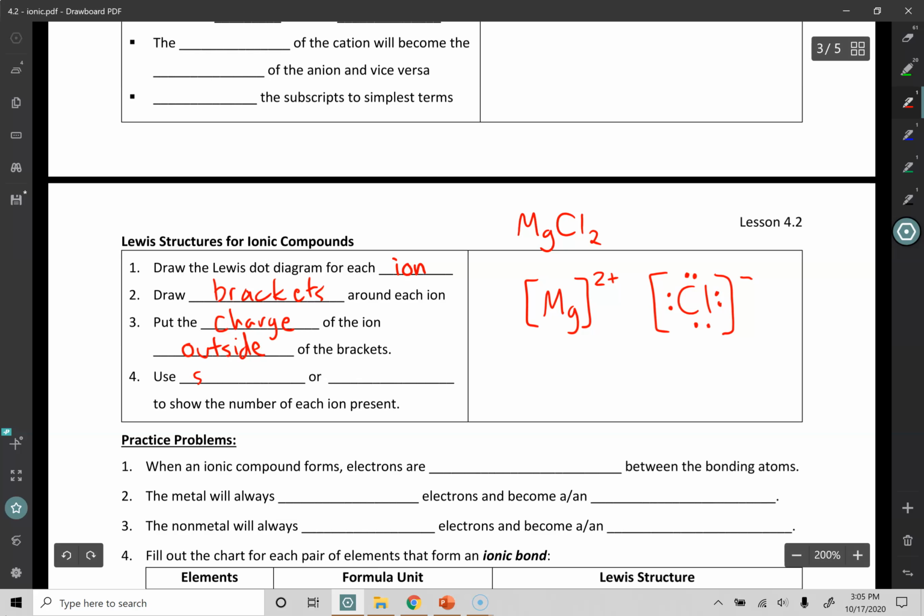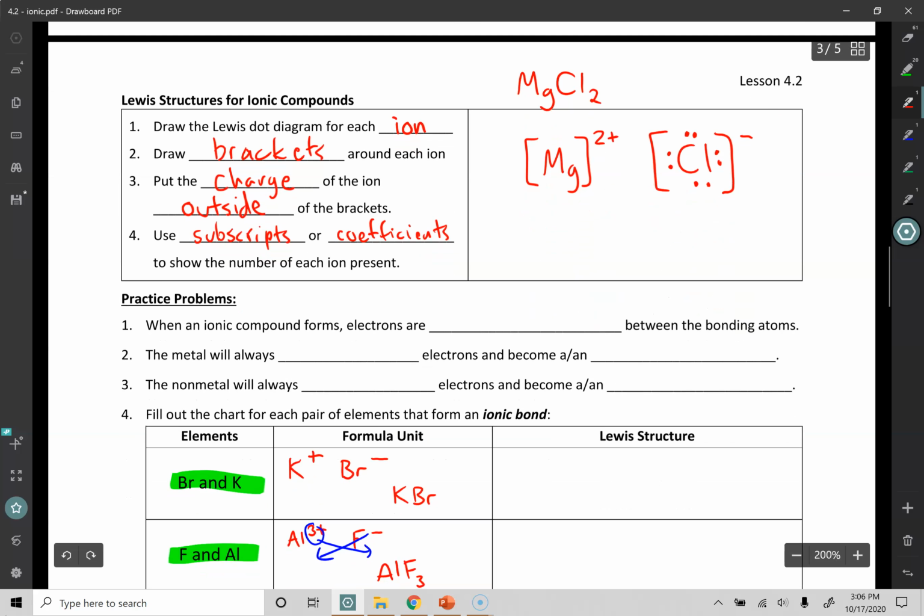And we can use subscripts or coefficients to show the number of each ion present. So I can go ahead and put a subscript of 2 if I'd like to represent that there are 2 chloride ions. When we say coefficients, I can actually put that in front, not subscripted, of the chloride ion. Sometimes you might see examples where a second chloride ion is drawn on the other side of magnesium. All of those are perfectly valid.